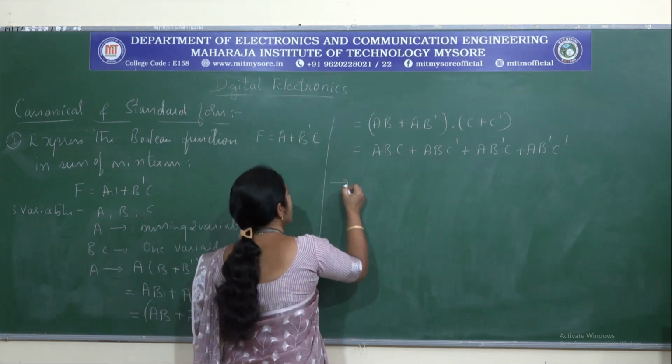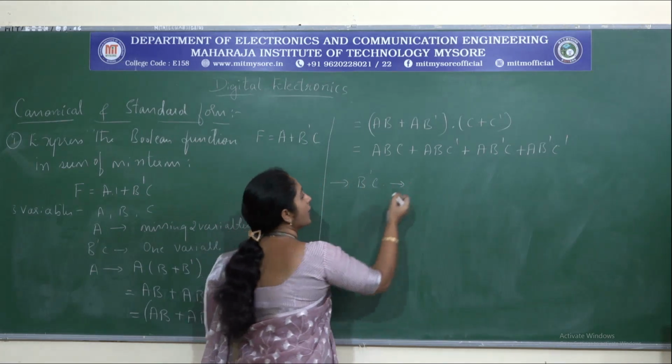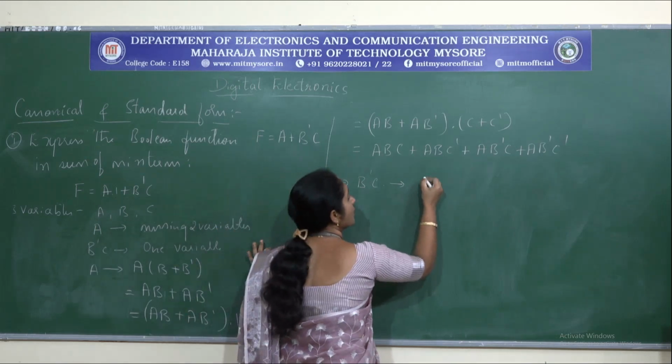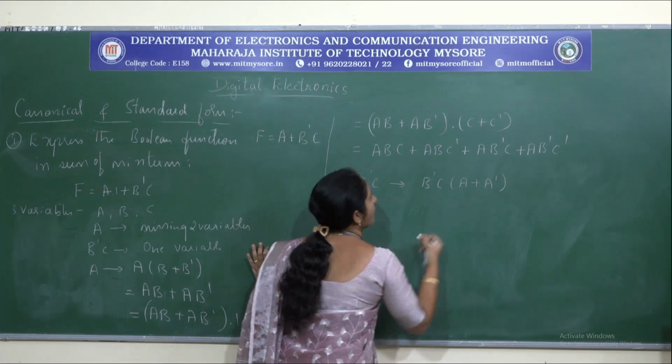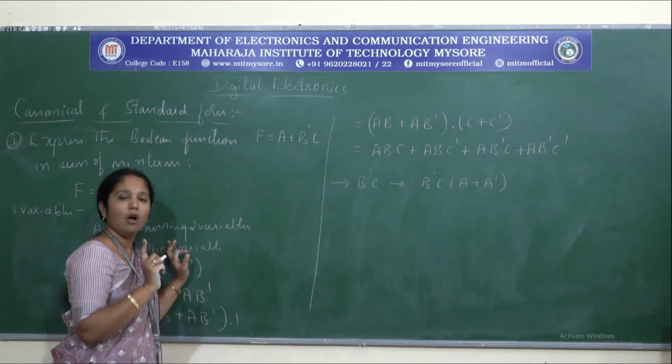Now let us consider the second term, B dash C. This can be assumed to be multiplied by 1, and 1 can be replaced by A plus A dash, because from the theorems and postulates A plus A dash is equal to 1.